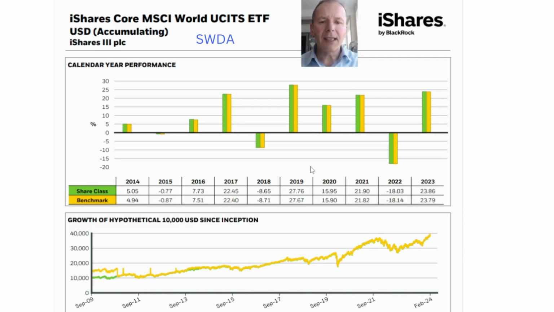And the reason for this is that it lends shares to short sellers and then makes a profit on that. So actually it has a positive tracking difference, and that's why this is my favorite global ETF. It produces better performance even though its fees are slightly above average, and the ticker is SWDA.